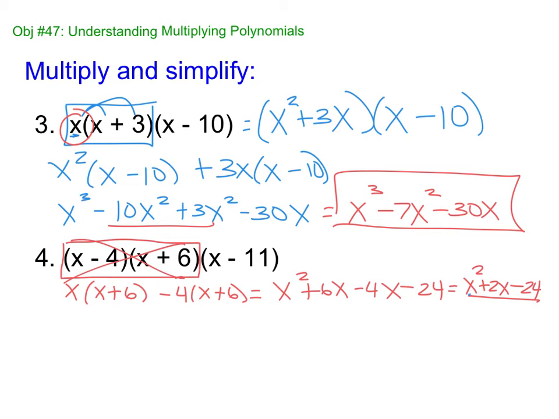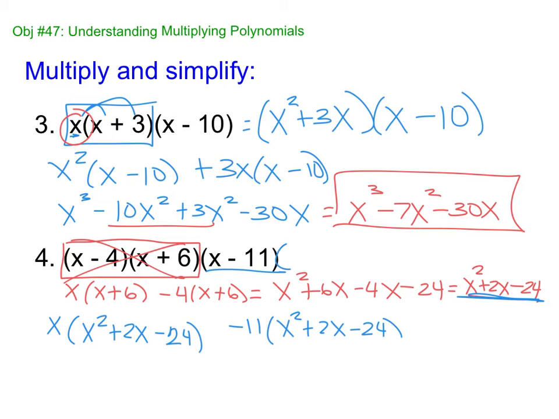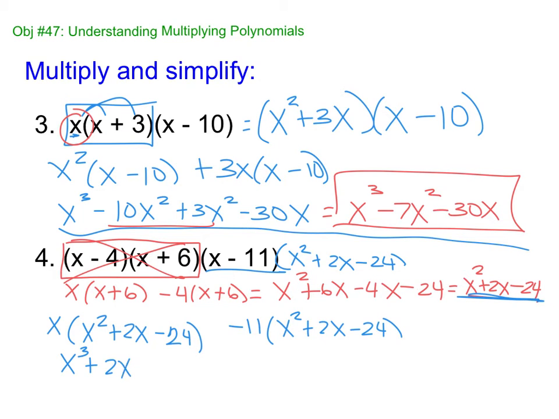We're going to multiply what we got times that x minus 11. So x times x squared plus 2x minus 24, and then minus 11 times x squared plus 2x minus 24. So basically I'm taking this and multiplying it by that trinomial. So go through, and what do we get there? So we get x cubed plus 2x squared minus 24x.